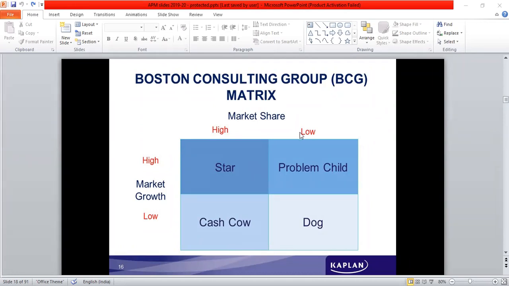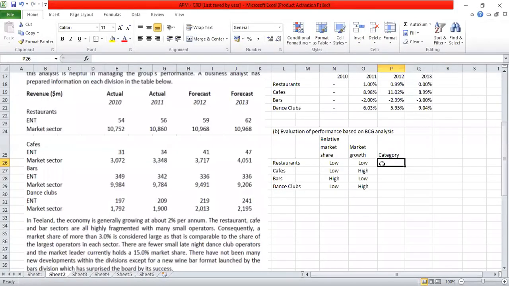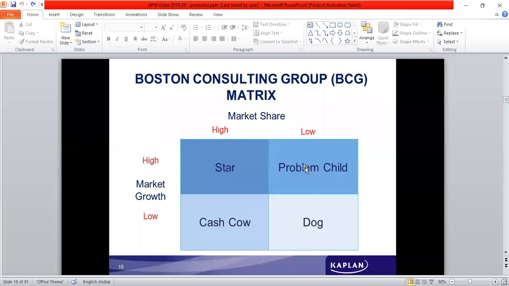If the market share is low and market growth is low, what is this called? If the market share is low but market growth is high, it is called a problem child.